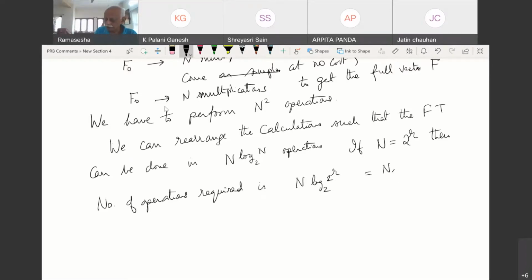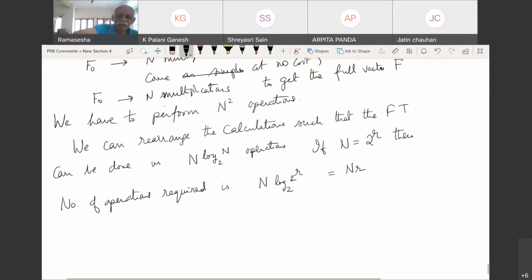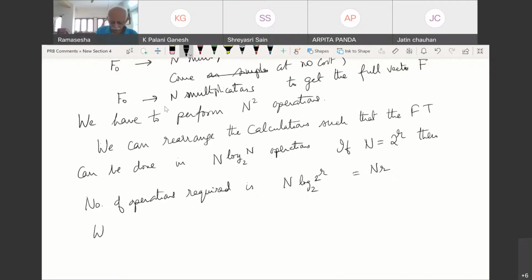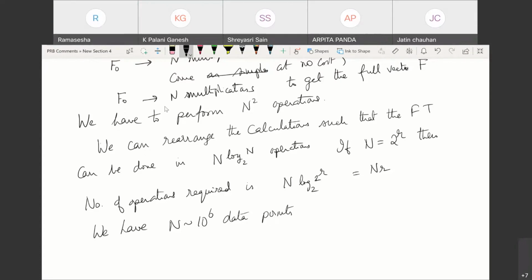Okay, so suppose we have a million data points. What is a million in powers of 2? Roughly 2 to the power 20.